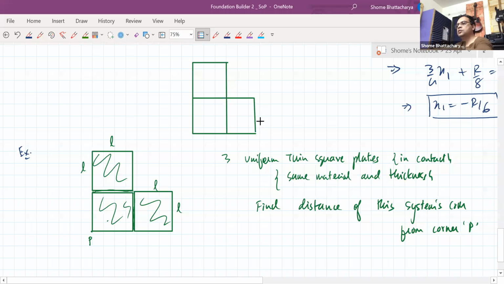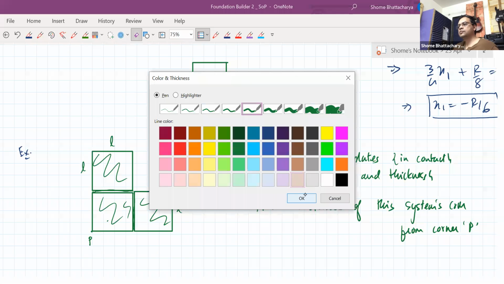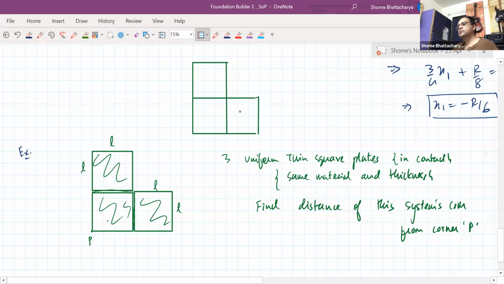Okay, so work this out quickly and tell me. The answer will come in terms of L, some factor into L. The mass is same, no?